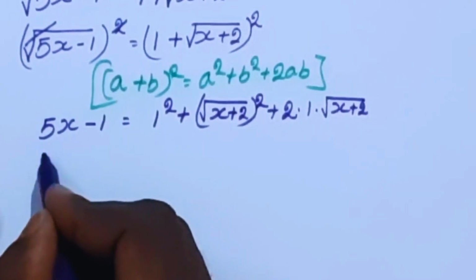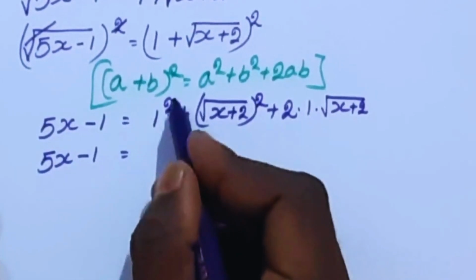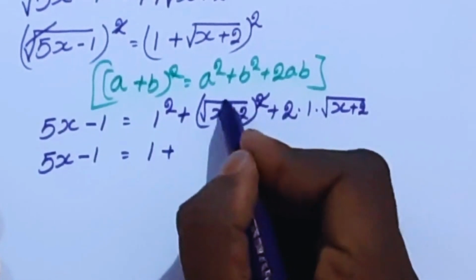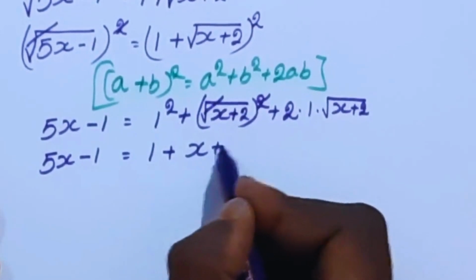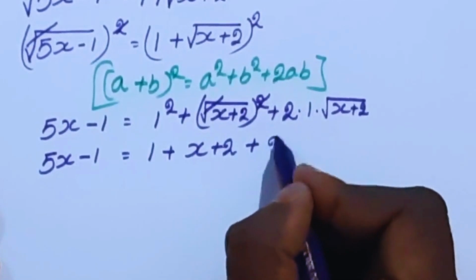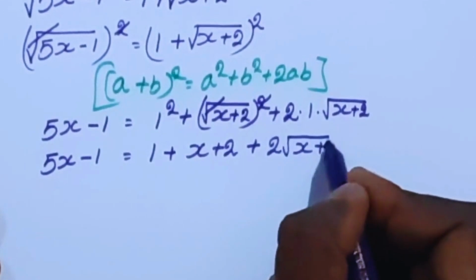Now 5x minus 1 equal to 1 square, 1, plus this square and square root will cancel each other, so we have x plus 2 here plus 2 square root of x plus 2.